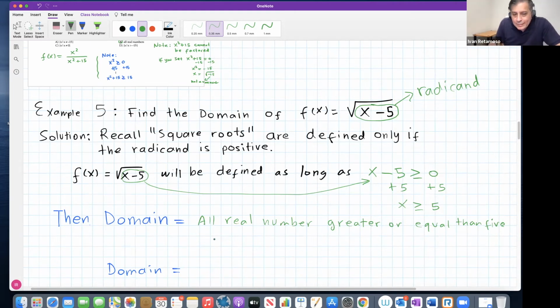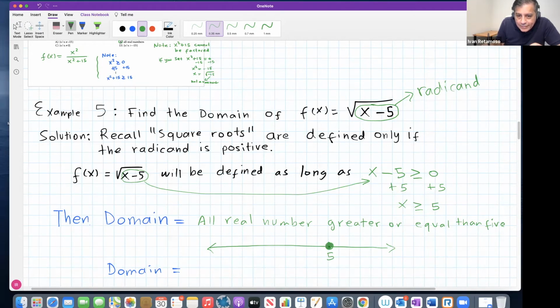So how do you express this using intervals? Well, again, guys, use the number line. On the number line, set this important value 5 somewhere. 0 is in the middle, 5 should be somewhere here. Now, since I'm including 5 as part of my domain, because 5 is okay, 5 minus 5 is 0, and the square root of 0 still makes sense, it's 0, right?